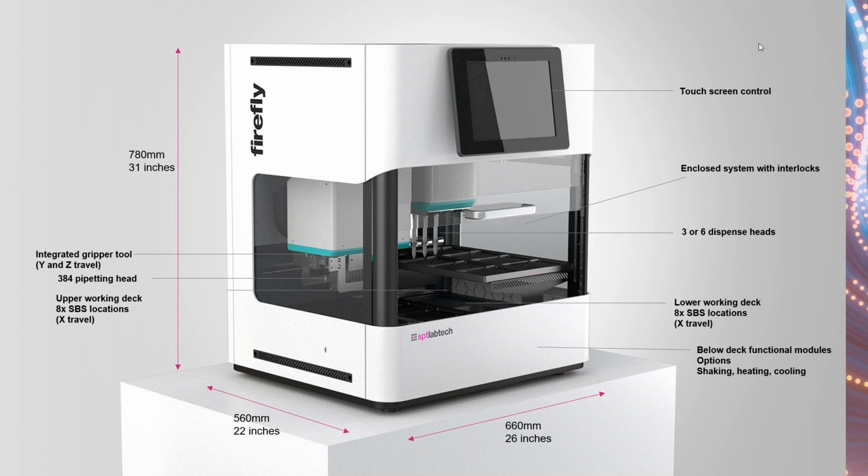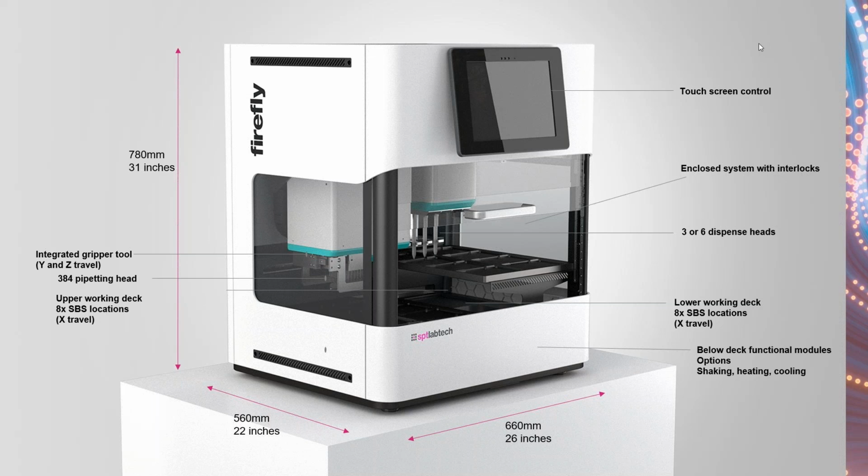And then there are two sides to the system. On the left-hand side, you've got a 384 pipetting head that can be used for 384, 96, or columns of 8 or 16 tips for 96 or 384 well plates. And on the right-hand side, you have a choice of either 3 or 6 non-contact dispensing heads, which are great for dispensing things like master mix and beads and so on.